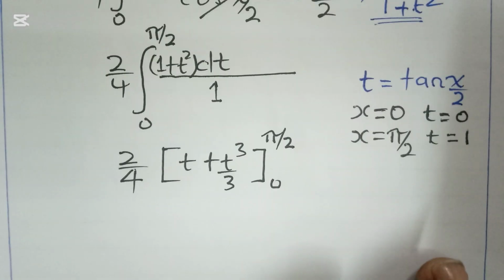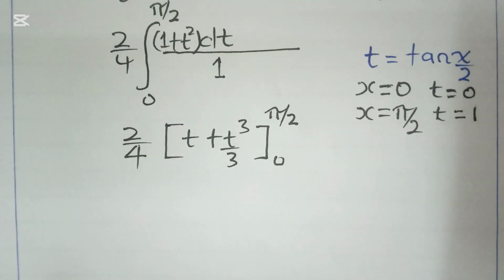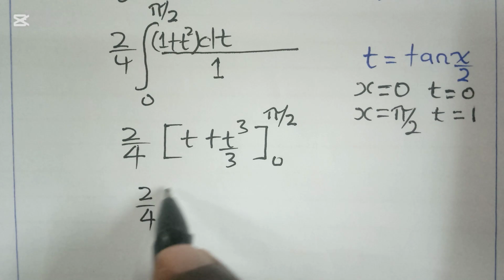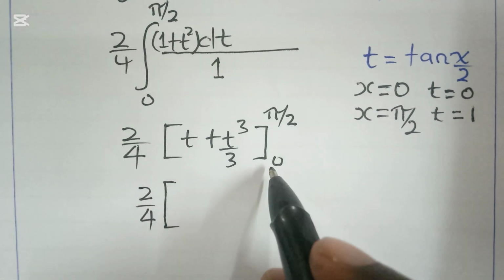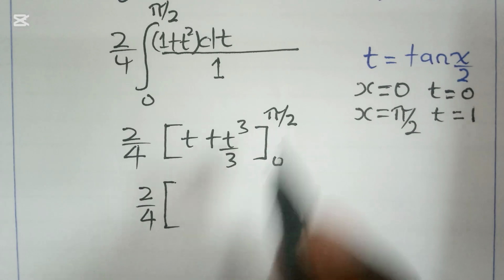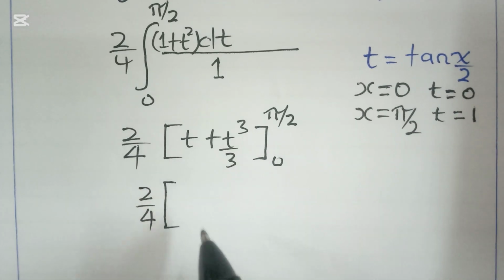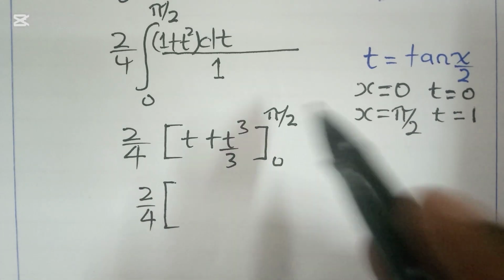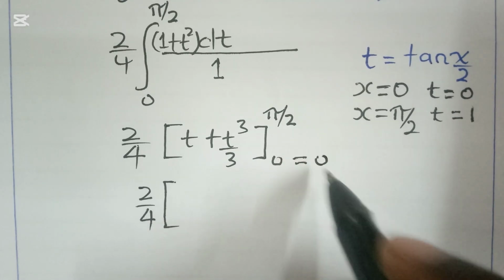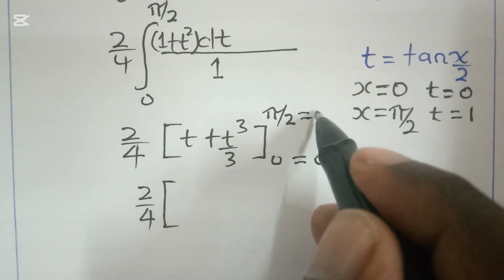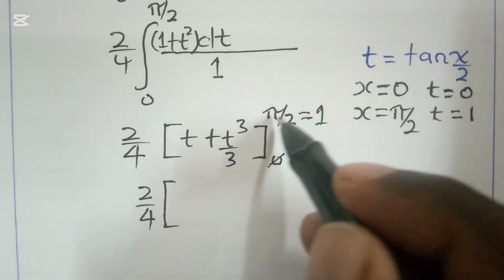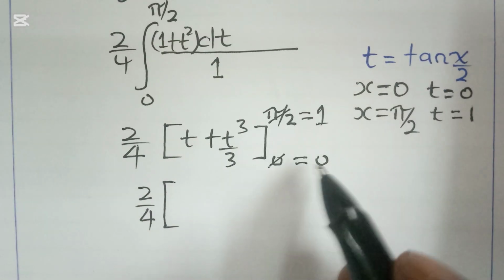And so guys, we come and replace for our figures here. So we shall have 2 all over 4. If we put 0, we shall get everything to be 0. So now guys, the limits have changed: this is 0 now, and this is now supposed to be 1. So when we put 0, it is 0.